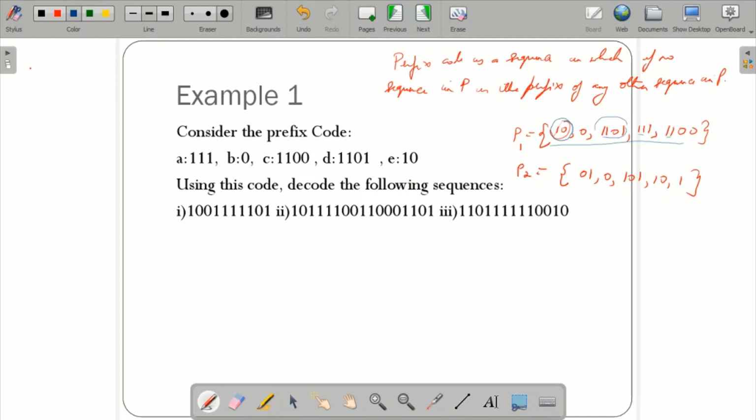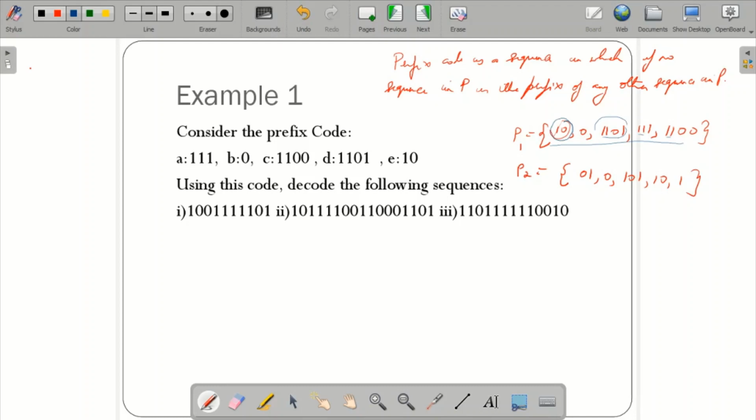Even if you take 1, it is a prefix. 1 is a prefix over here, just 1. So this is not a prefix code. A prefix code is one where there should not be any sequence in P being the prefix of any other sequence. So that is an example and the definition of the prefix code.